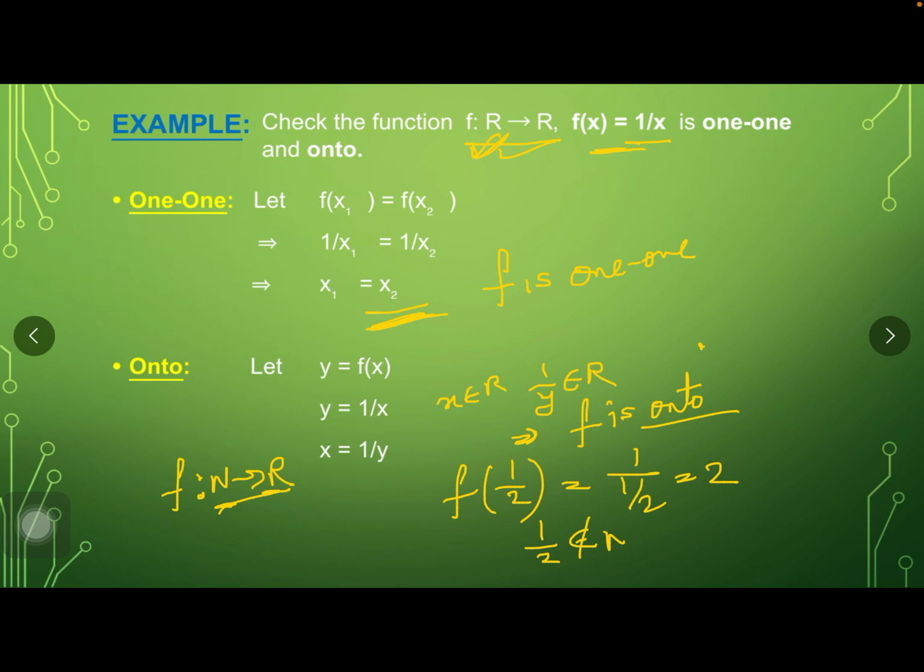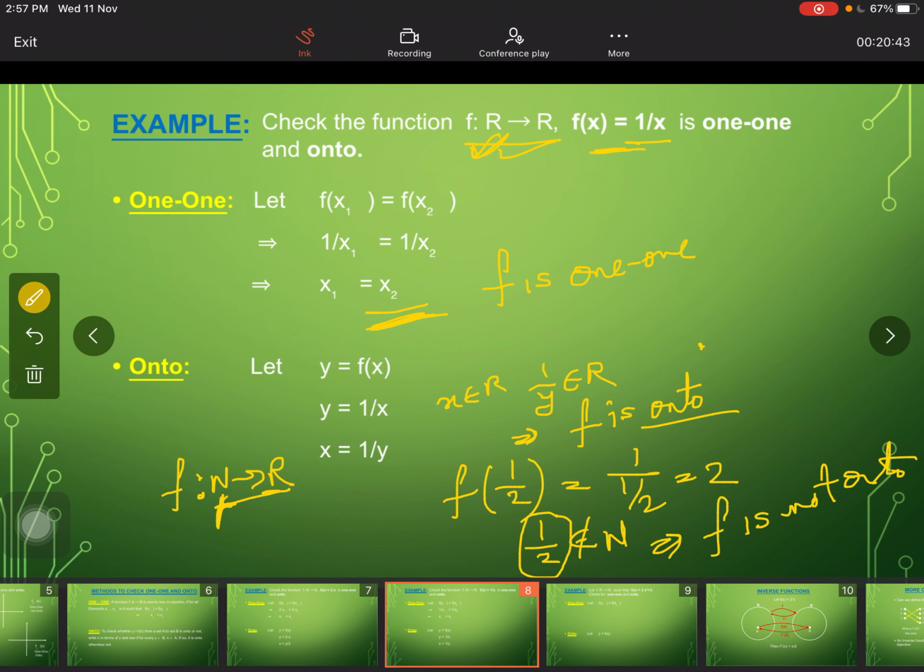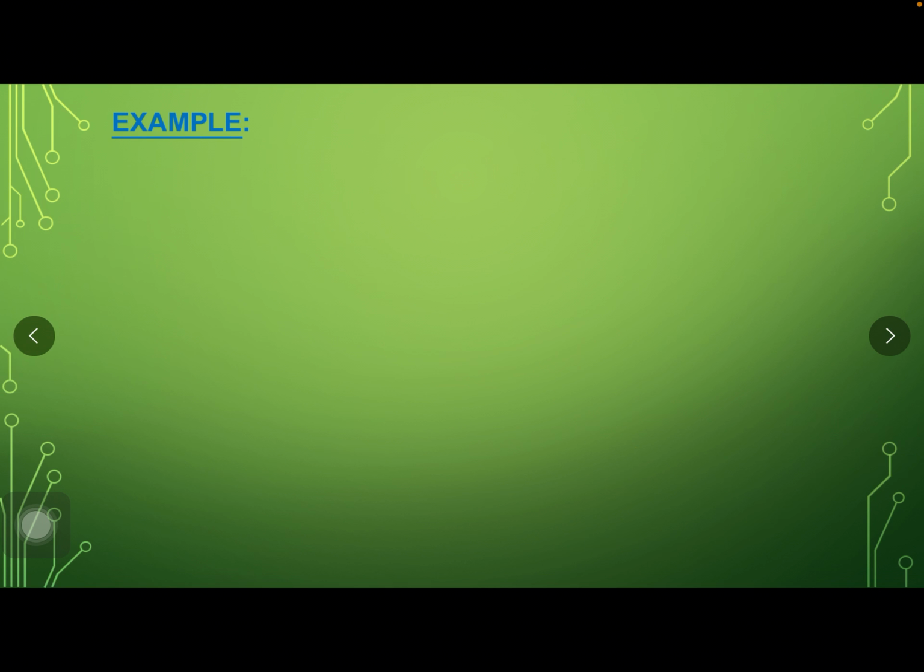Suppose we take f(1/2), so when we put here f(1/2), it becomes 1 upon 1/2, so it becomes 2. But here we say that our 1/2 doesn't belong to the natural numbers, because x belongs to the natural numbers here in our domain. So in our domain we have the natural number set, and 1/2 doesn't belong to N. So in this case we say that our f is not onto. Clear?